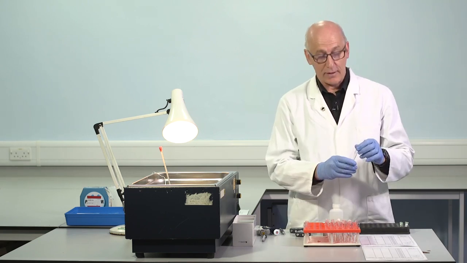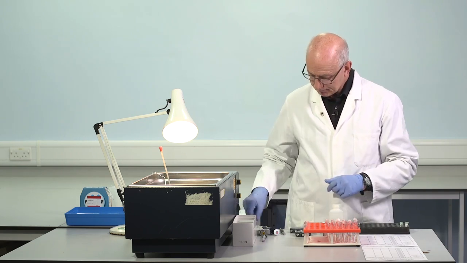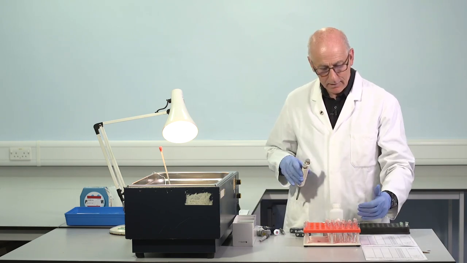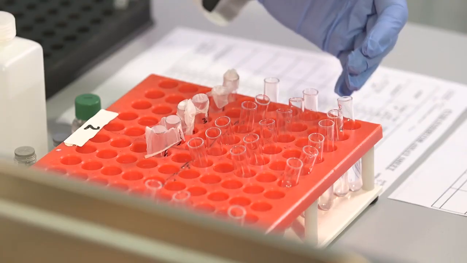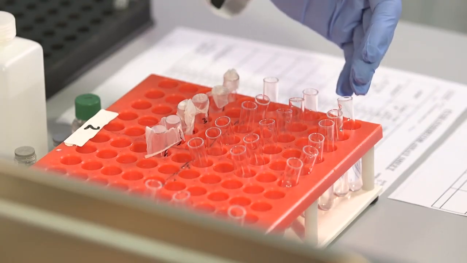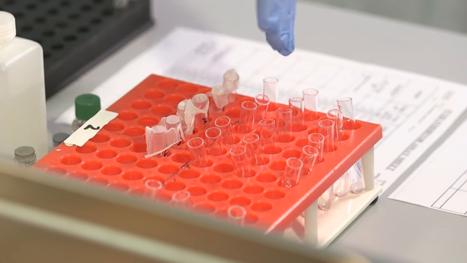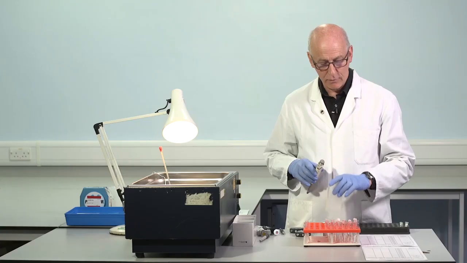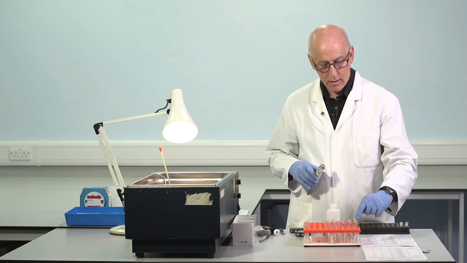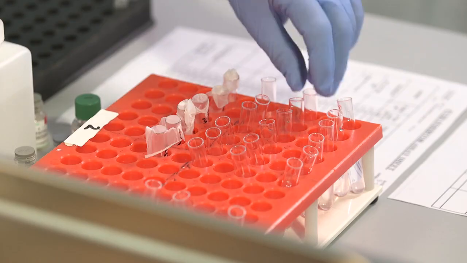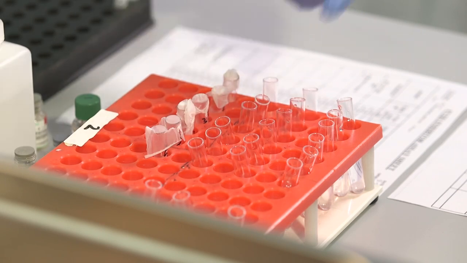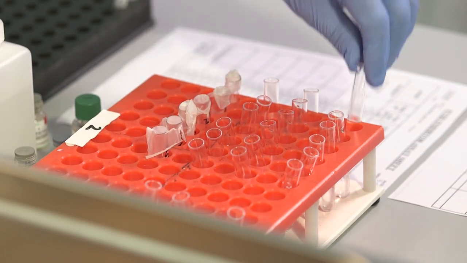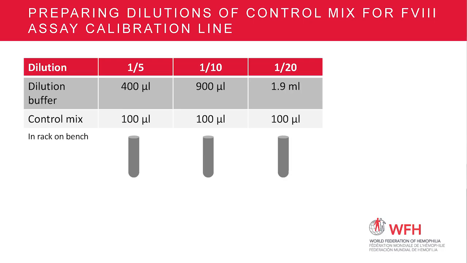So we start with the control mix. In the plastic tubes, 1 in 5, 1 in 10, 1 in 20. So these contain 400 microlitres of dilution buffer to make a 1 in 5, 900 microlitres to make a 1 in 10, 1.9 mils to make a 1 in 20.